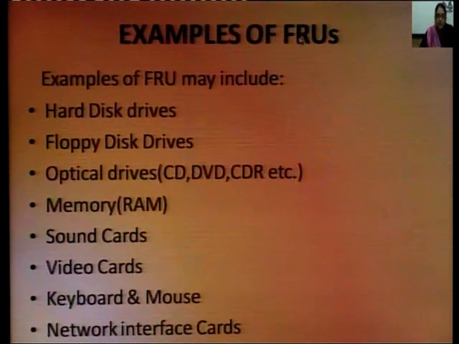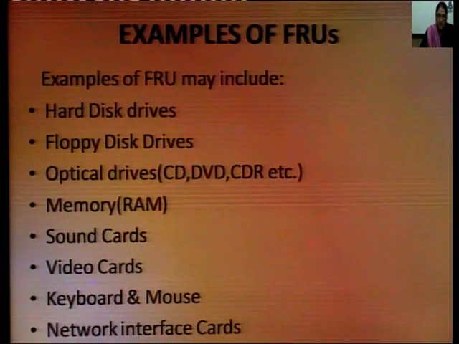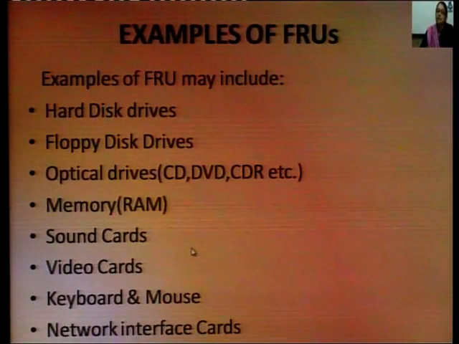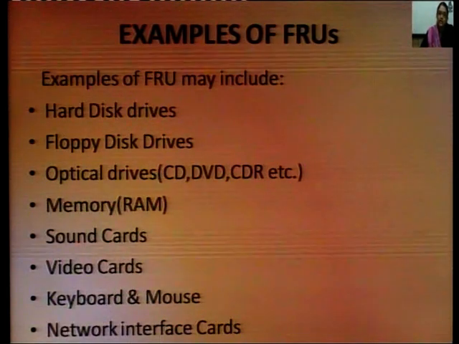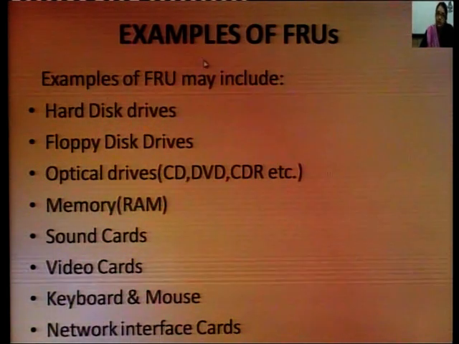Examples of FRUs are hard disk drives, floppy disk drives, optical drives such as CD, DVD, CD-R, etc., memory like RAM, sound cards, video cards, keyboards and mouse, network interface cards, etc. These are the FRUs which can be replaced by a new component in the system if found faulty.